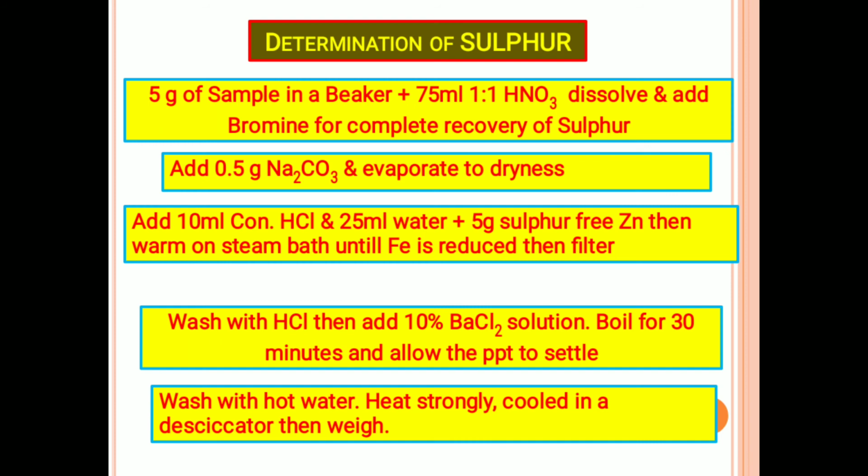Next one is determination of sulfur. If you want to determine the sulfur which is present in the steel sample, you just need to convert the sulfur into its oxidized form.